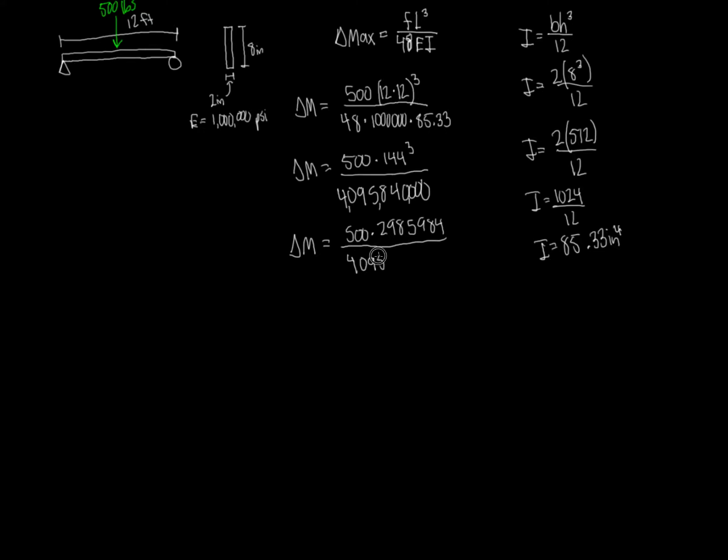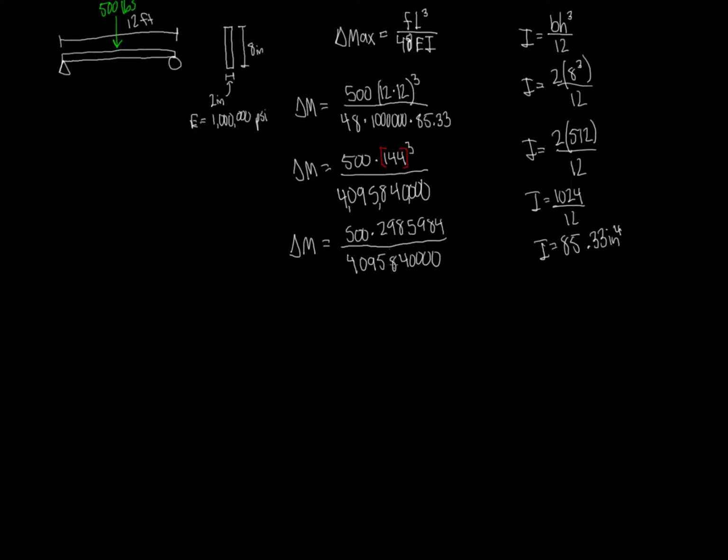Now, I'm doing this kind of slow so you guys can see the process. Normally, I would not write all these numbers out. The key reason I wanted to do that numerator separately is I want you guys to see that that cube only affects this number. You're only cubing the length in inches. That's the only thing you're cubing, so make sure you pay attention to that.